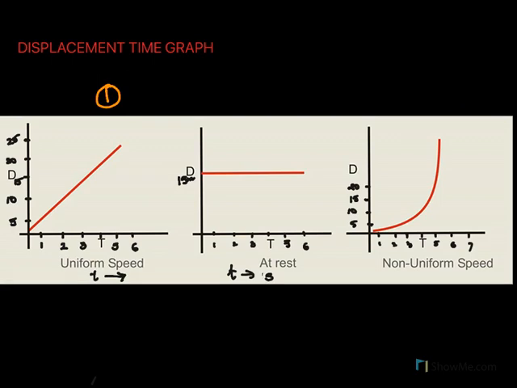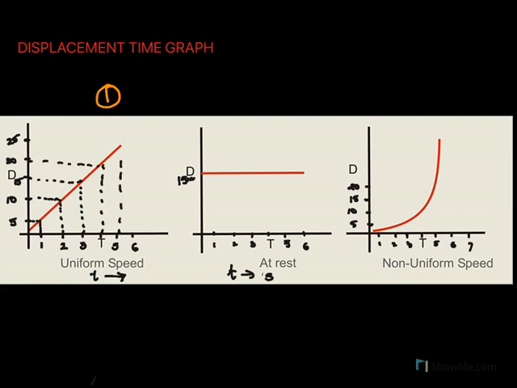Here is a body. It records the speed, the time and displacement of the object. So at 1 second, the displacement is 5 meters. At 2 seconds, the displacement is 10 meters. At 3 seconds, 15 meters. At 4 seconds, around 20 meters.